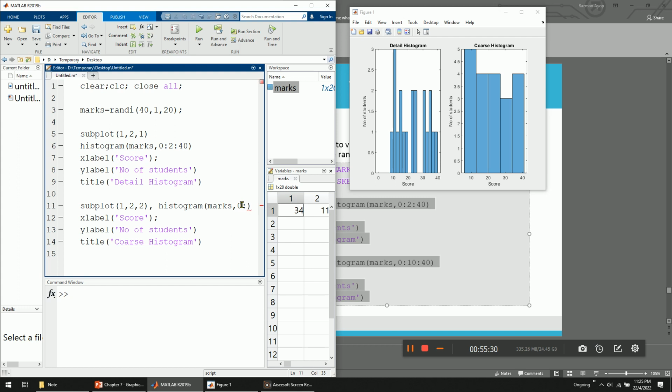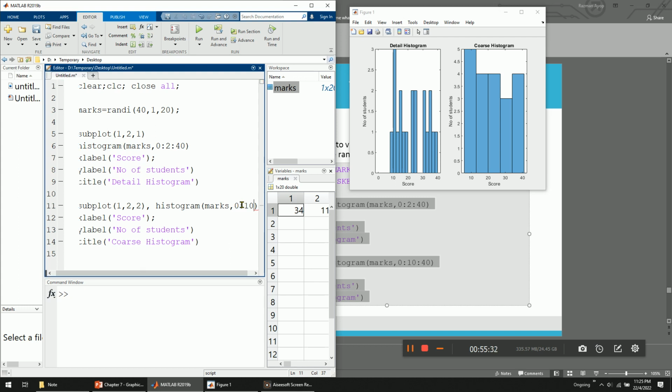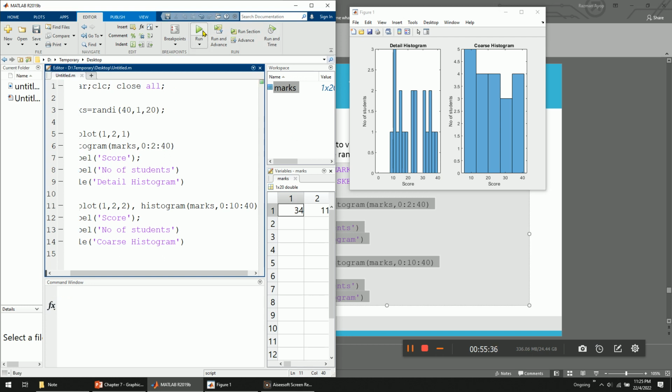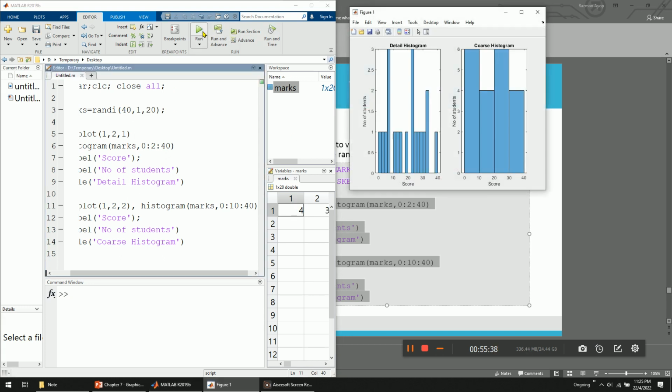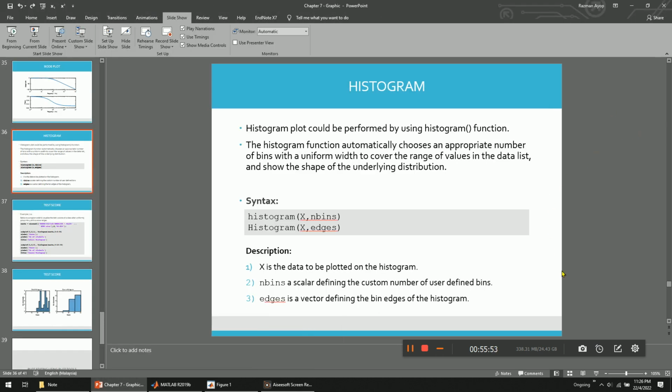Something like that, 40. Either you use a scalar or a vector for the histogram. This one you have to use the small letter. So that is how you create a histogram.